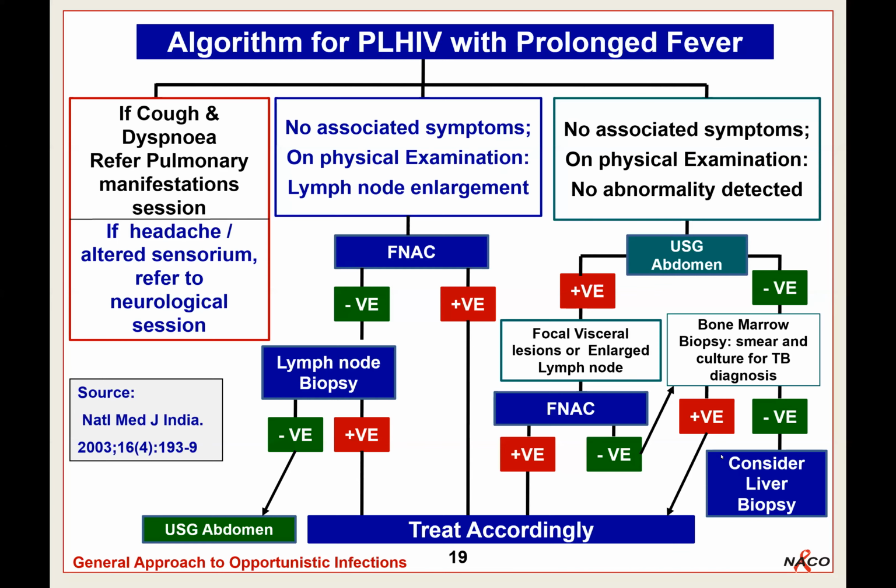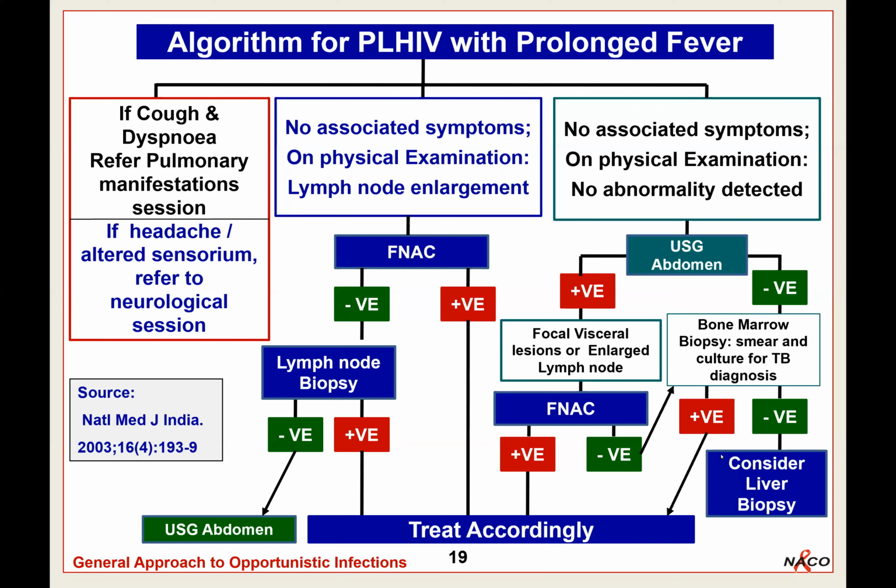And if there are no associated symptoms on physical examination and no lymph node is palpable, then you can directly do USG abdomen. On USG, if you see typical multiple lymph node enlargement, then you may go for CT guided biopsy, but in most scenarios it won't be possible.